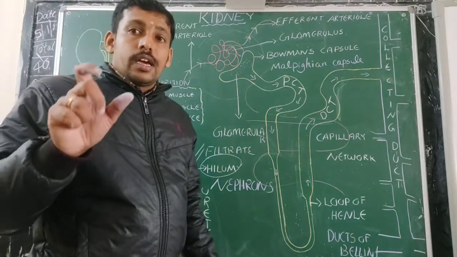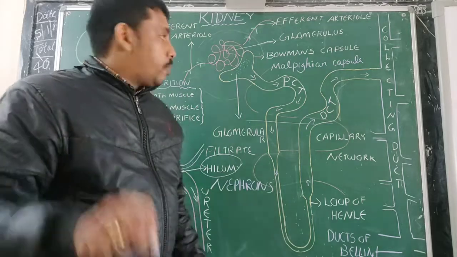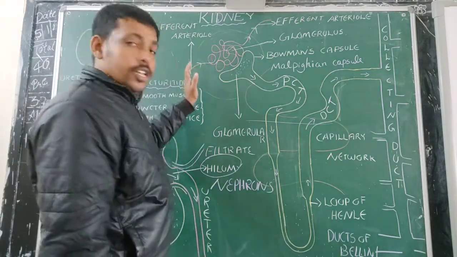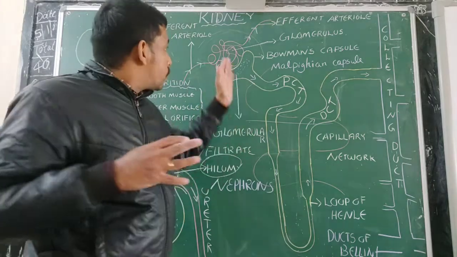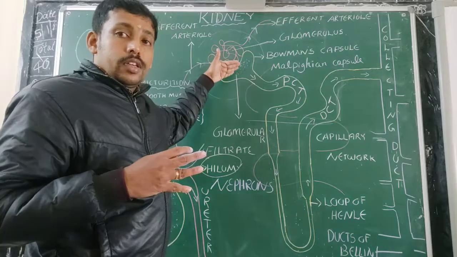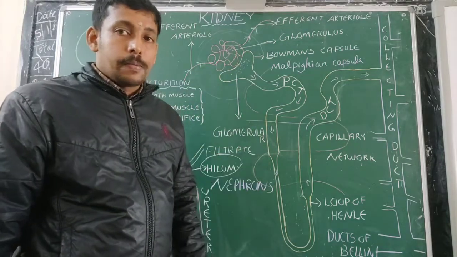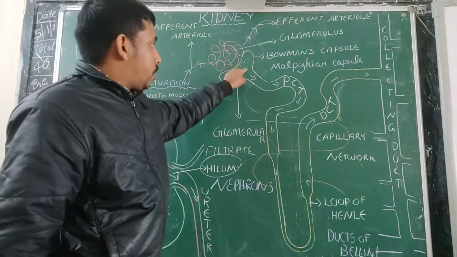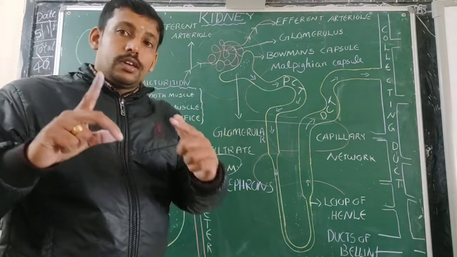That is what? A network of blood capillaries. When the blood goes through this network of capillaries under very high pressure, it undergoes what? Filtration. Okay. And we will get a filtrate in this region.